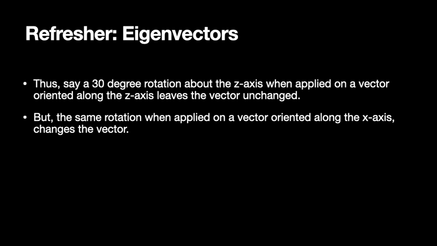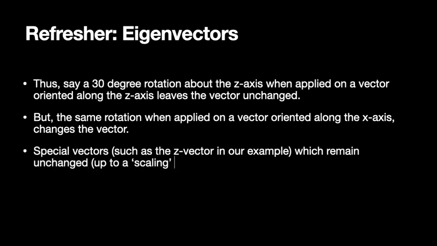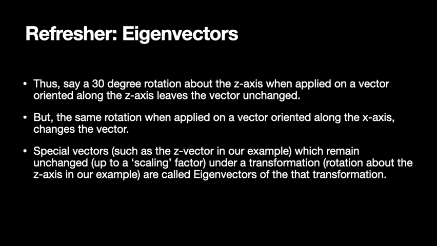Therefore, given a transformation like a rotation, and in this particular example a rotation about the z-axis, it's possible that there are some special vectors which remain unchanged when we apply this transformation.